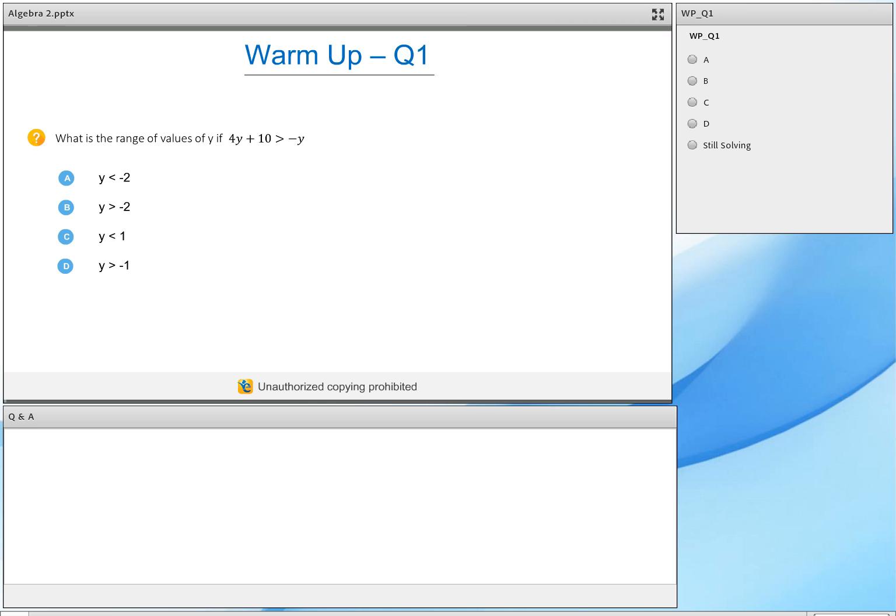All right, I'm going to end the poll. Now I'm going to show you your next question. Can everyone please click on still solving? I'm going to open up the next question for you. All right, I'm going to now show you the next question.